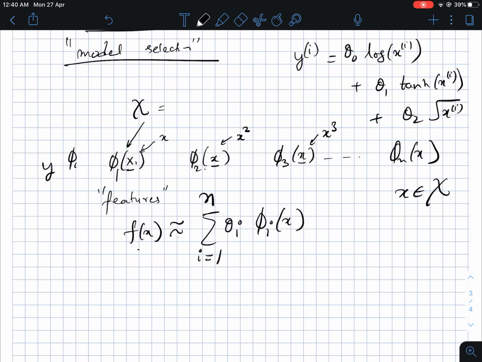We also have a phi0 of x, which was just always 1. It's like a feature that's not informative, it's just always 1. These theta_i's represent the relative importance of feature i in predicting f of x.